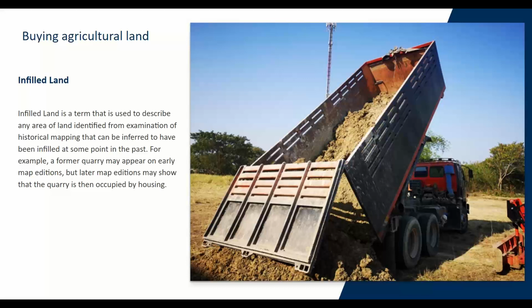Infilled land, if it's not managed correctly, can result in things like groundwater pollution, soil fertility issues, air pollution, and the release of greenhouse gases like methane. Consequently, human health can be at risk if pollutants filter into groundwater, of course, used for drinking water, and if the gases build up in units on infilled areas. And often prior to construction, a local planning department will request the use of adequate control measures such as gas membranes and or gas monitoring schemes across areas affected.